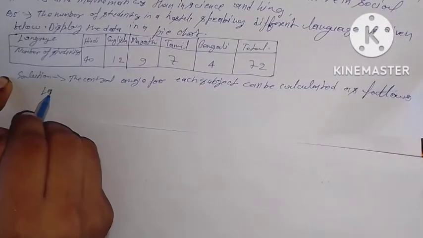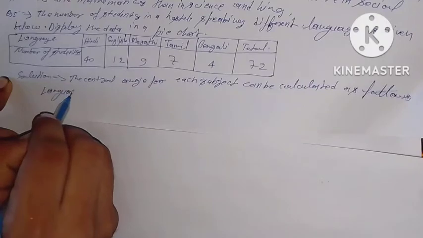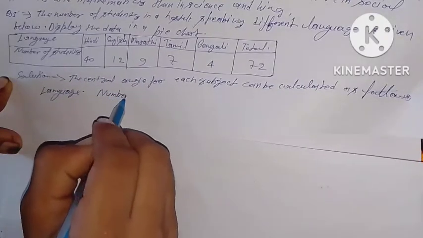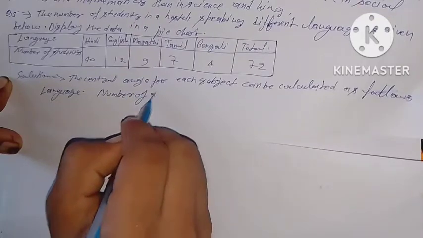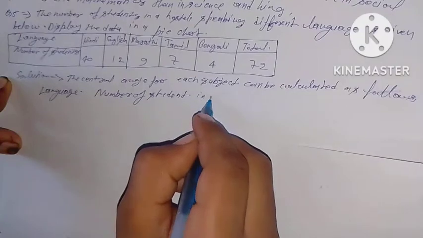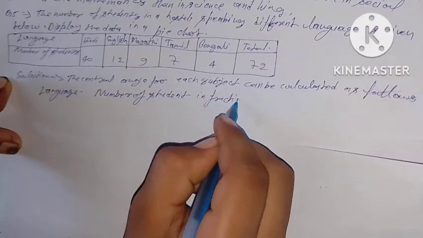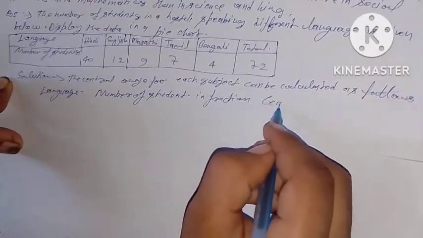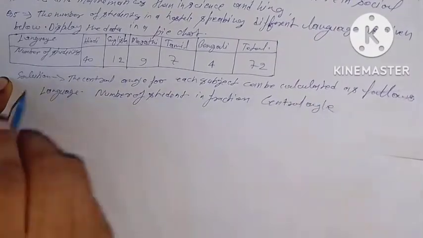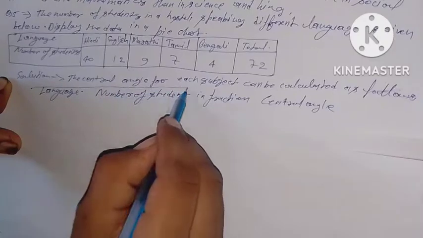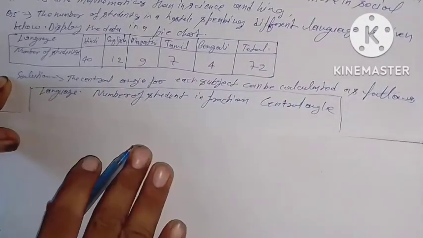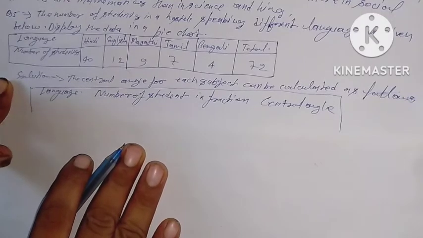Columns: language, number of students, fraction, and central angle.